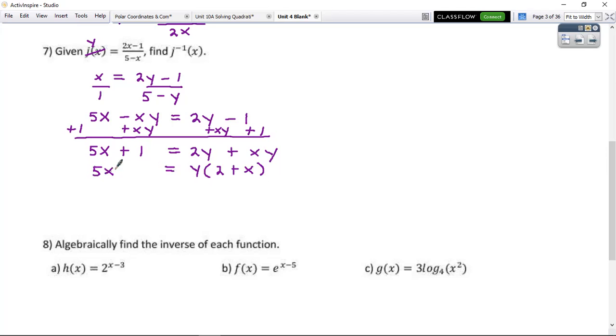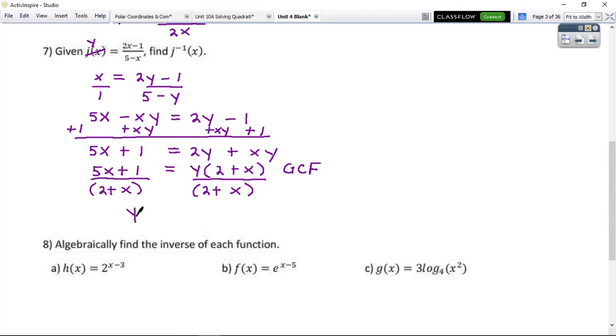Yes, this type is going to require a greatest common factor right here. So it got a little bit tougher on you. So you're going to divide by 2 plus x, and then you're done.